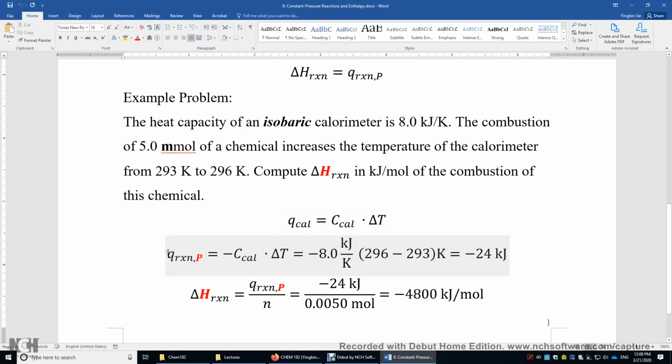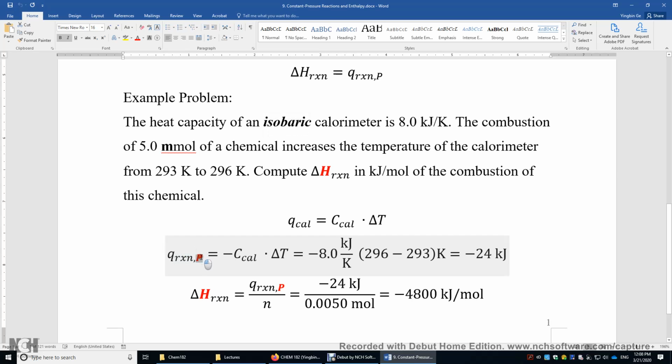And therefore, we have this Q of the reaction under the isobaric condition equals negative 8.0 kilojoule per Kelvin times the temperature change, which is 3 Kelvin. The result is negative 24 kilojoule. This negative sign means heat flows out of the reaction.